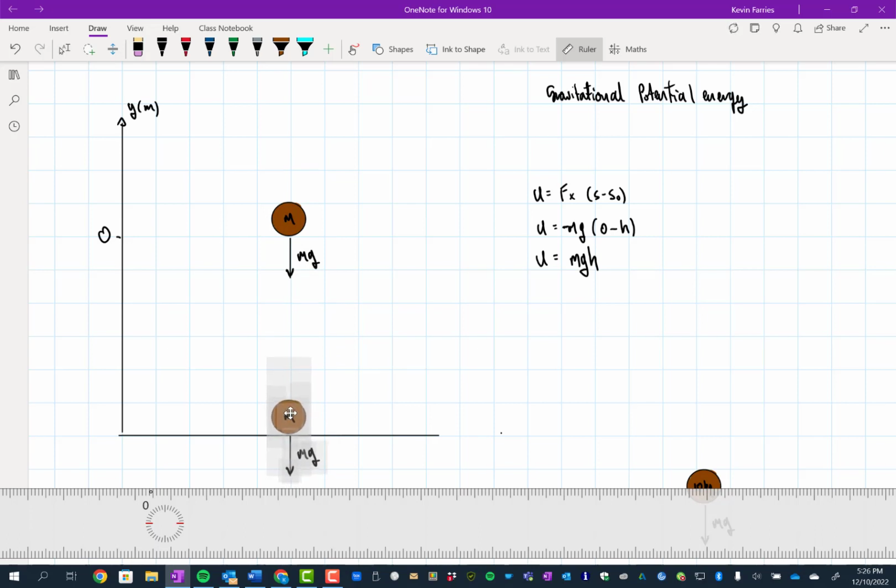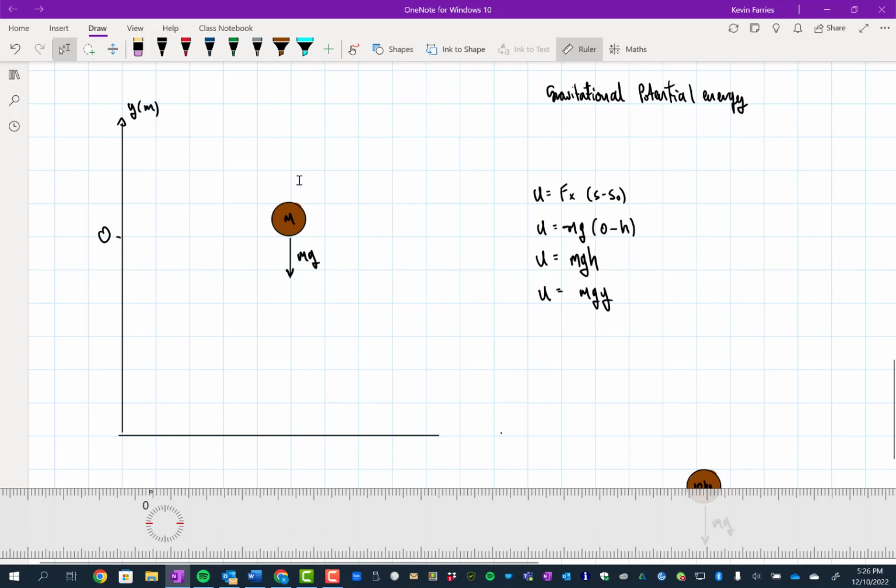So we could give a more general form, which is mgy, and that could be positive or negative depending on where you choose your datum.